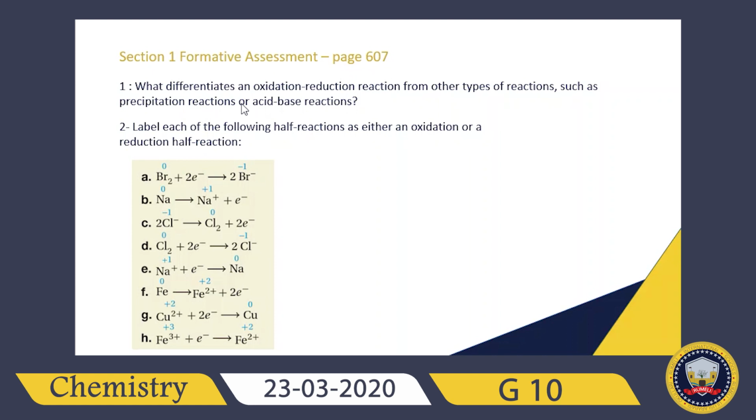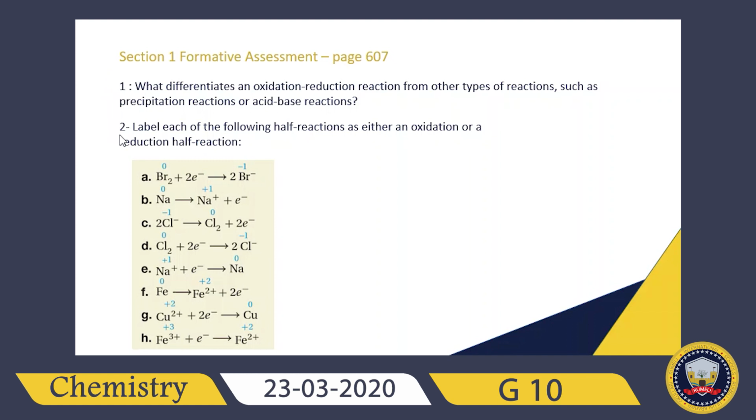So as we discussed, oxidation reduction reaction involves the transfer of electrons between atoms or between ions of an element, while as we know, precipitation reactions is kind of reaction that will happen in a solution where an insoluble product will form. For acid and base reaction, we know it's kind of neutralization reaction, which acid and base will react to form water molecule and salt. So I think question number 1 is clear enough for you guys.